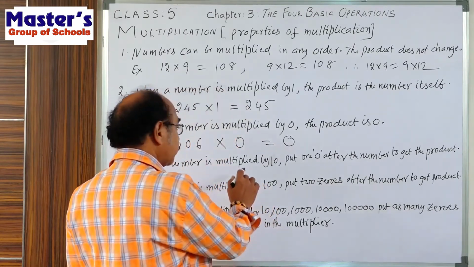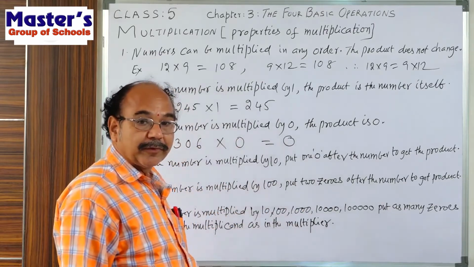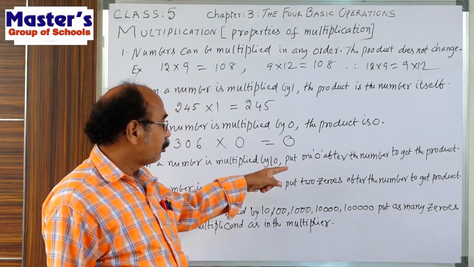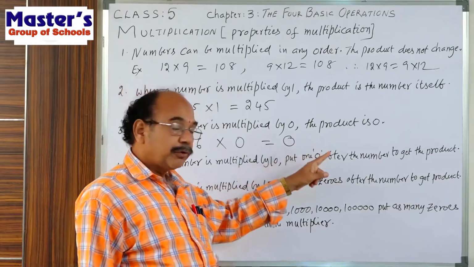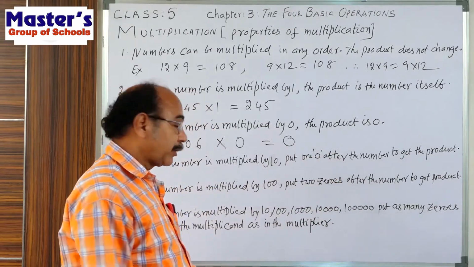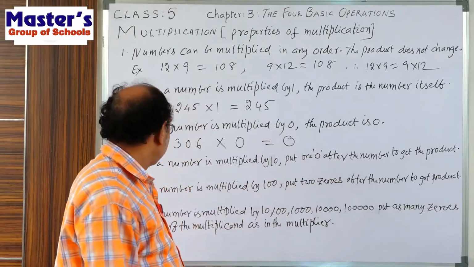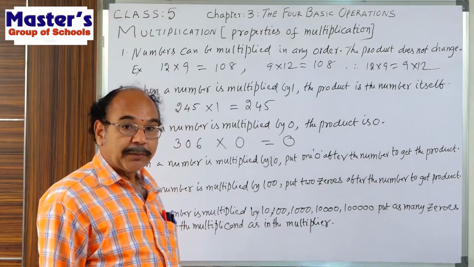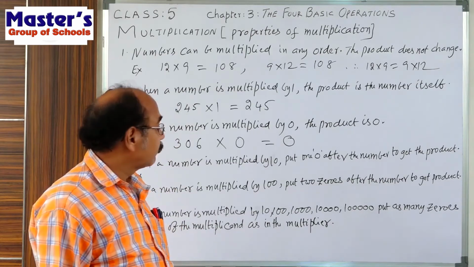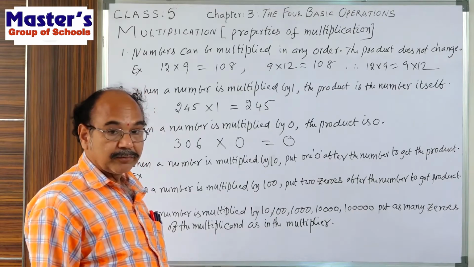Next, come to fourth one. When a number is multiplied by 10, put one zero after the number to get the product. Okay, we can take this as a property. Any number you can take and multiply with 10.